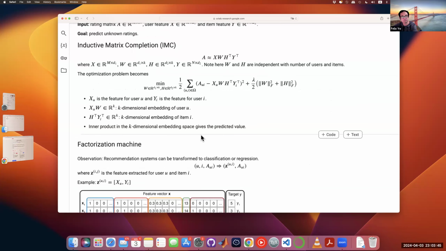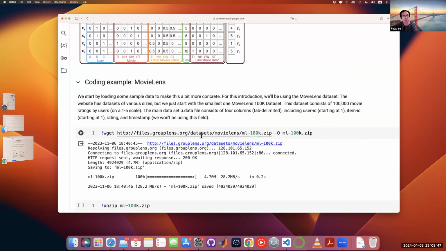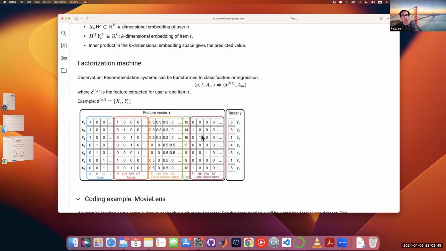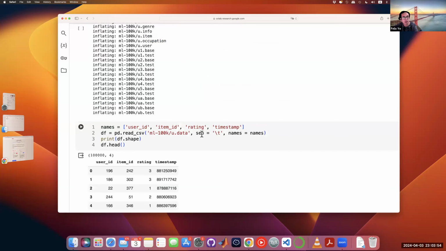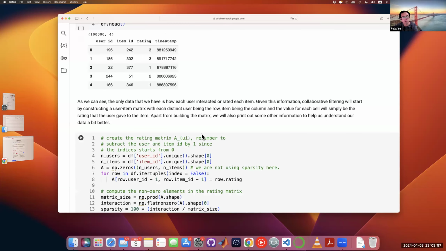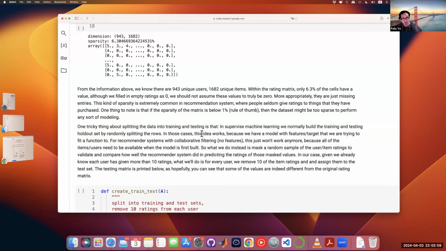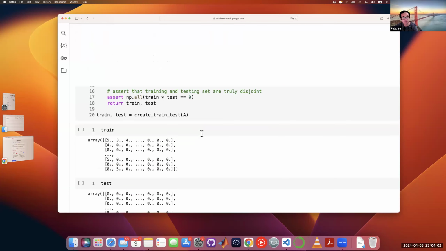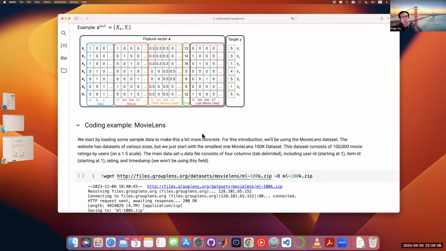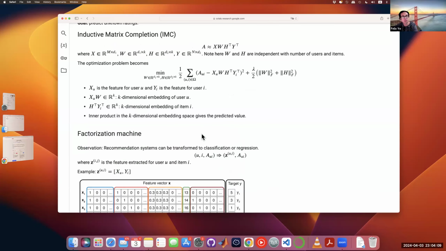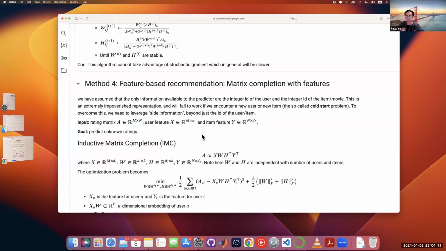Okay, so at last, I may not have time to talk about the code. I may have time, but I can postpone that to the third lecture, so that might be a little bit easier. But I want to talk about feature-based recommendations, which is the fourth method. This is also a very, very popular one.